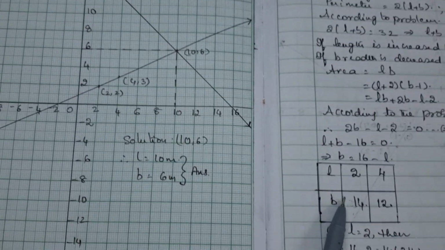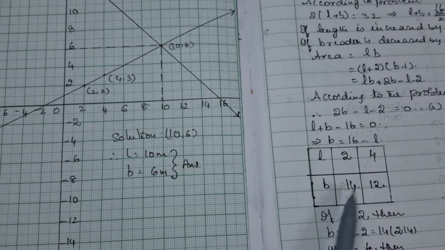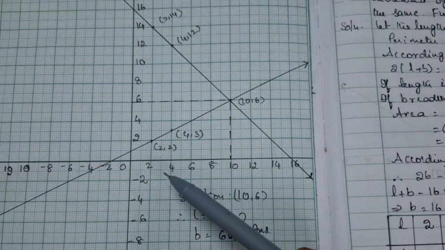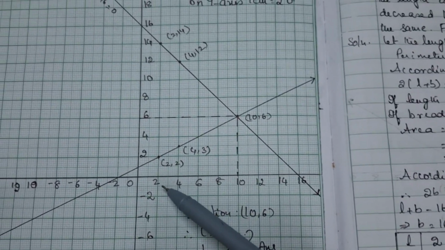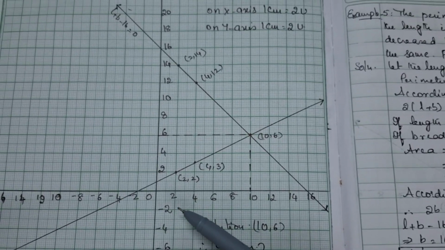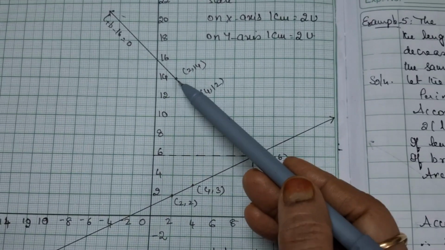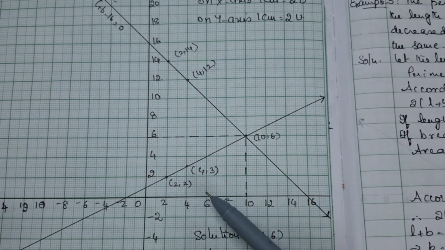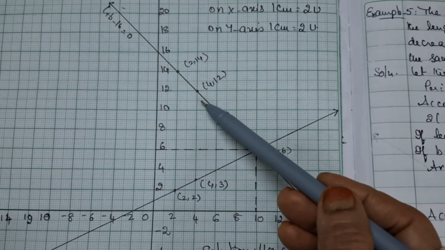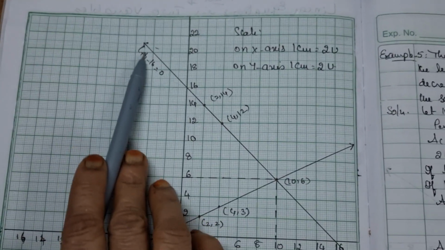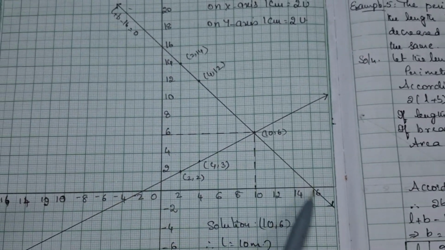For the first equation, the points are 2 comma 14 and 4 comma 12.